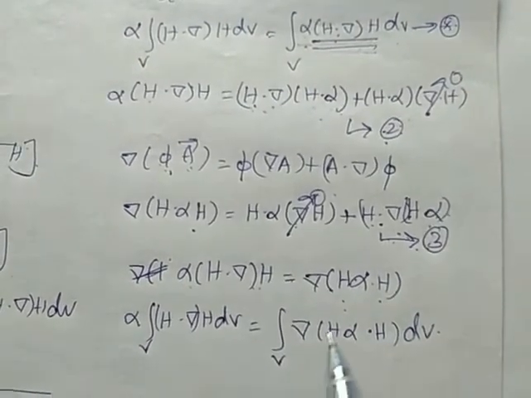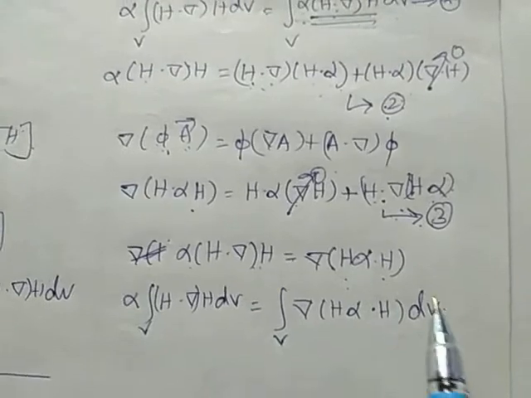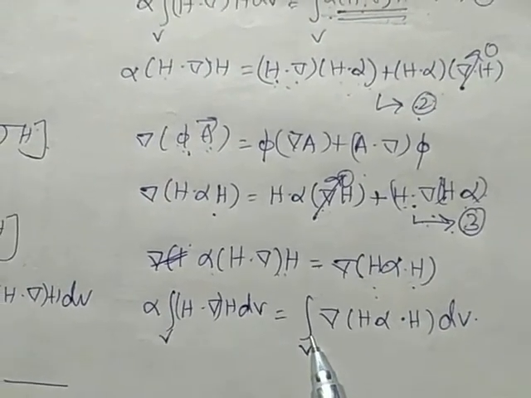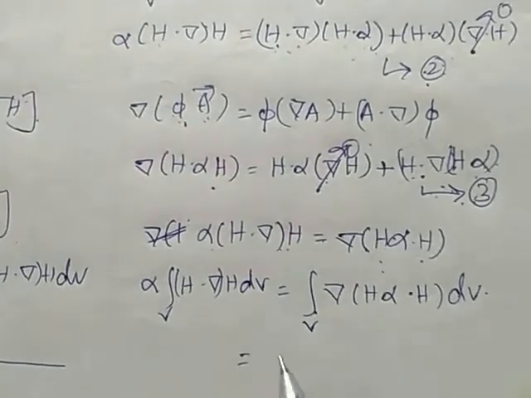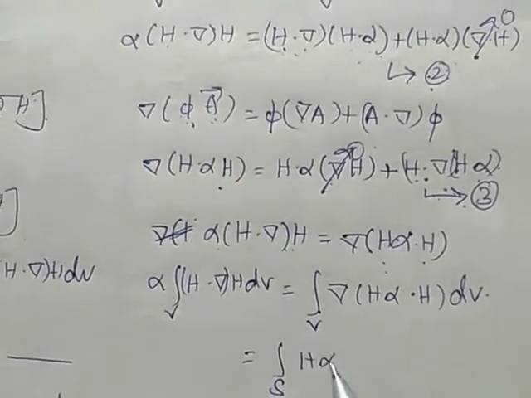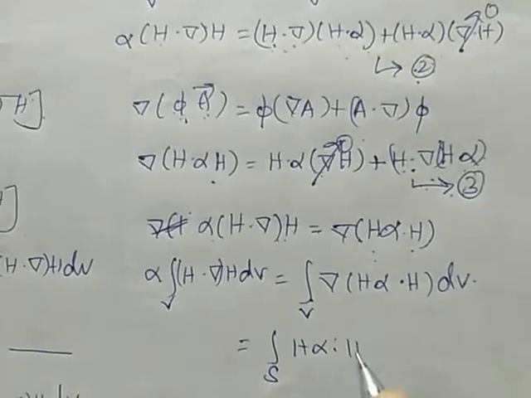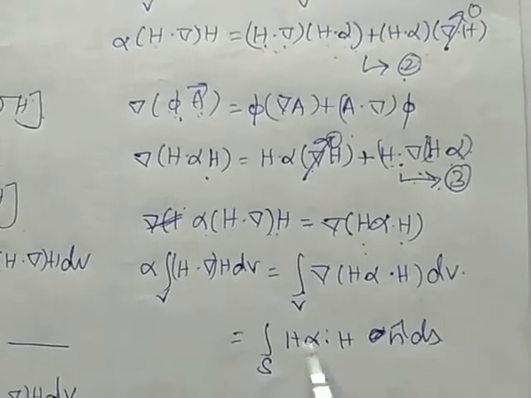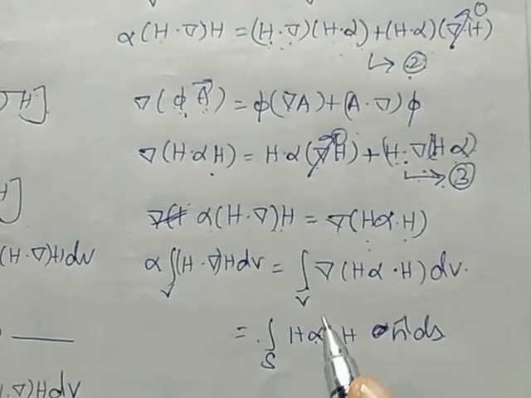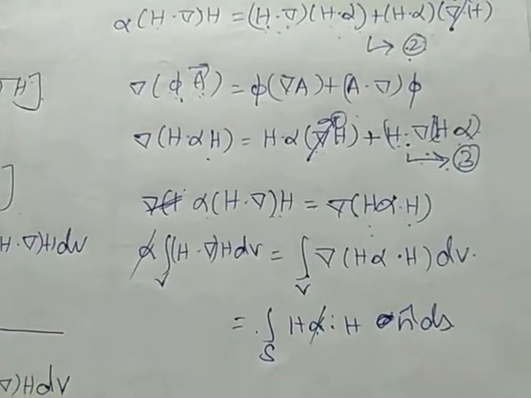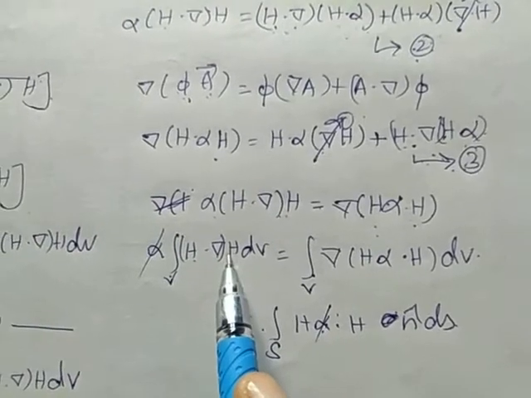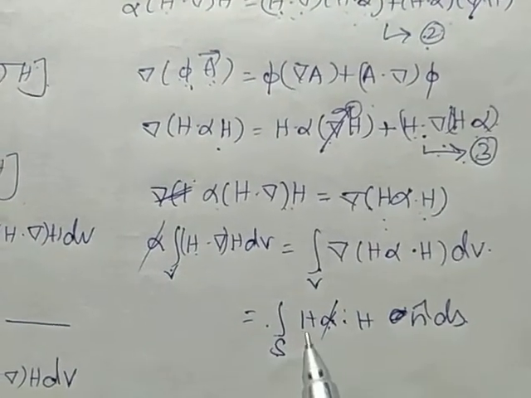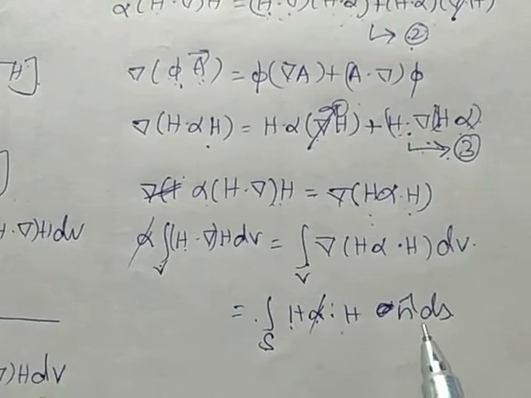Now I am going to change the volume integral into a surface integral using the Gauss divergence theorem again. So I will get the surface integral of h alpha dot h ds. Now I can take alpha outside because alpha is constant, therefore this alpha will get cancelled. Therefore, integral of h dot del h can be written as surface integral of h dot h ds.